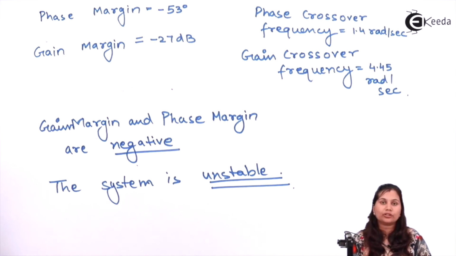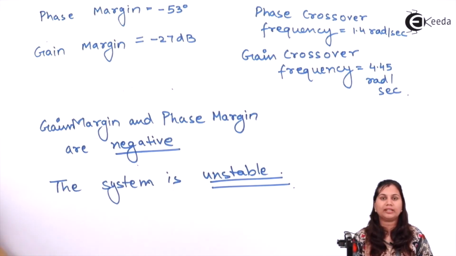Then sketch the Bode plot of the system, and through the Bode plot you can calculate the gain margin, phase margin, phase crossover frequency and gain crossover frequency. If they are coming out to be negative, then the system is unstable. If they are positive, then the system is stable. And if they are zero or the same, then the system is marginally stable.